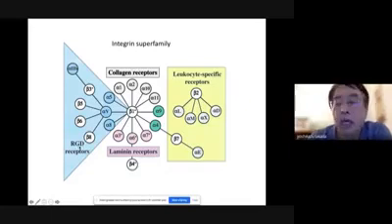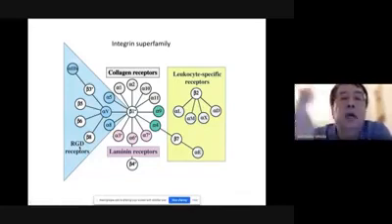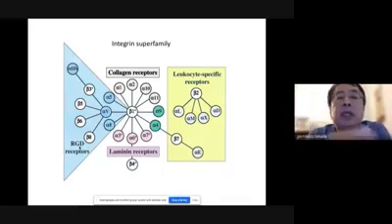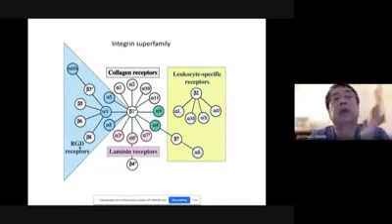So this is a superfamily of receptors that bind to different ECM and other ligands. That is what we know.